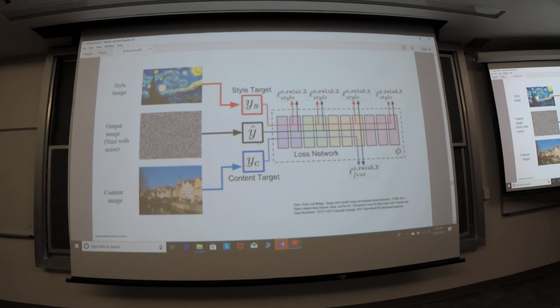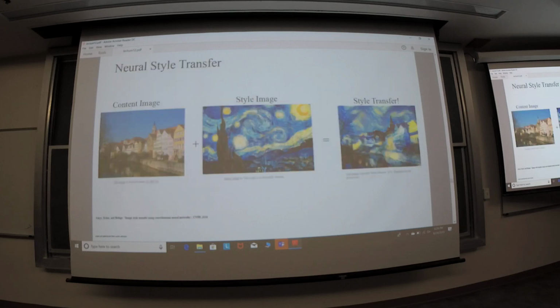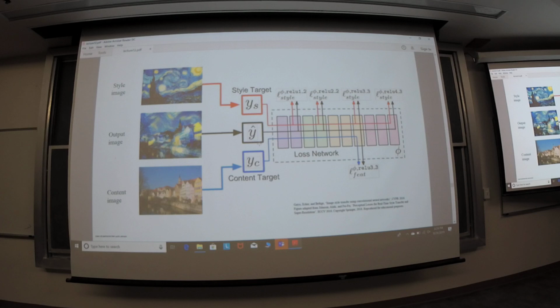We compare the gram matrix of the style image and that of the noisy image, both of these together, which will ensure that you have the style imposed on this initial random noise image. And if you keep on optimizing using this loss function, you will eventually get something in this style. You are optimizing the loss of these two components at a time. So you see after a few iterations, you get something like this.